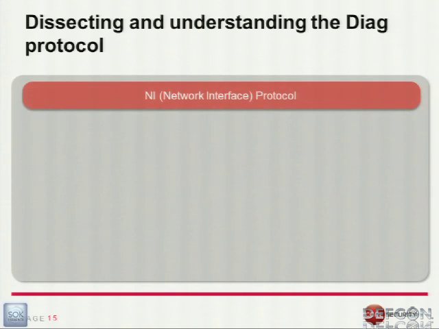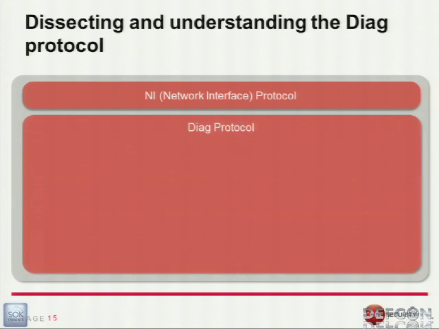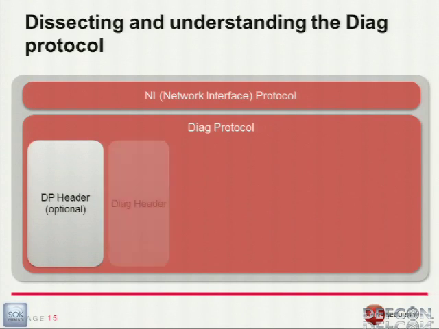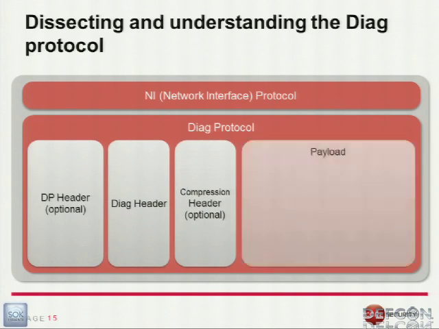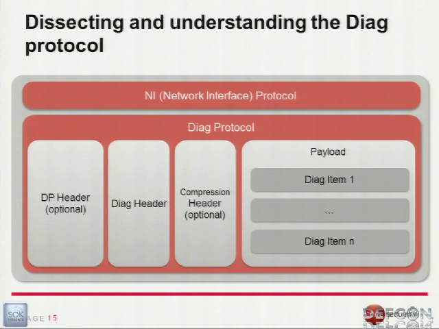So let's see what a regular Diag packet looks like. First is the Network Interface Protocol, which is only a 4 byte header that contains the length of the remaining payload. And the Diag protocol is composed of different headers and the payload itself. There's one header that is optional and only used during the initialization, which is the DP header.